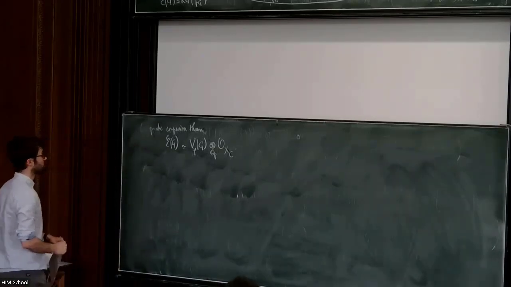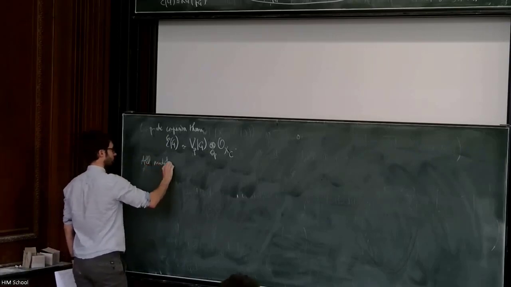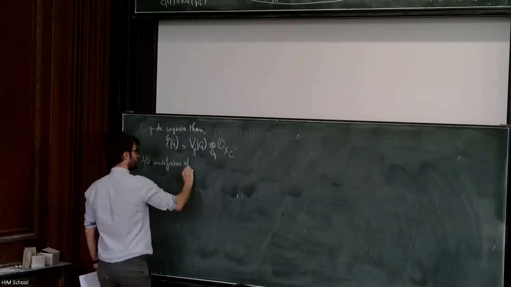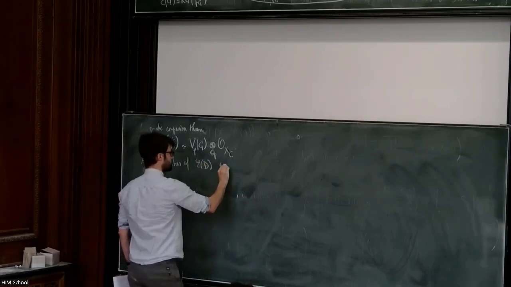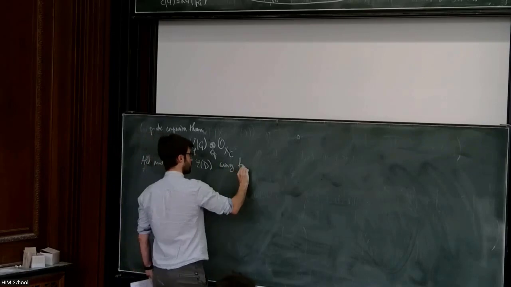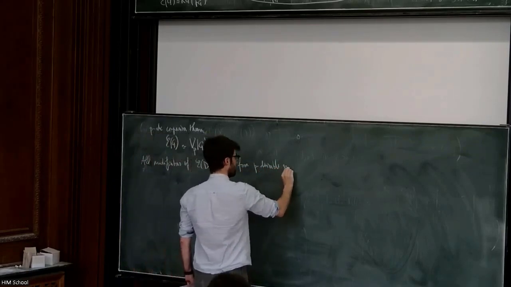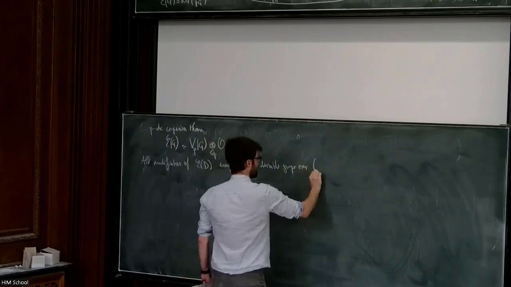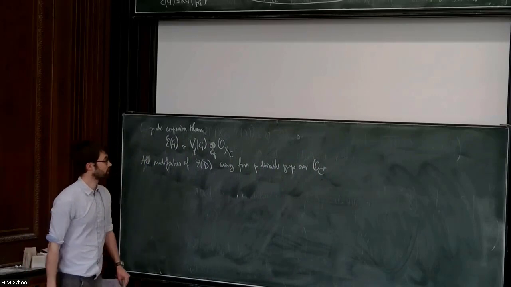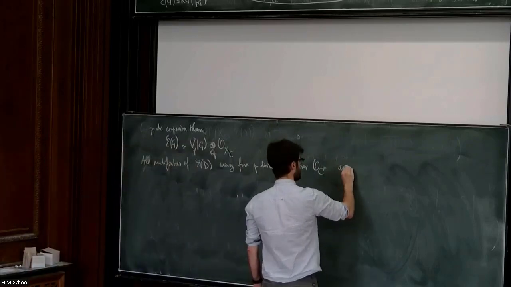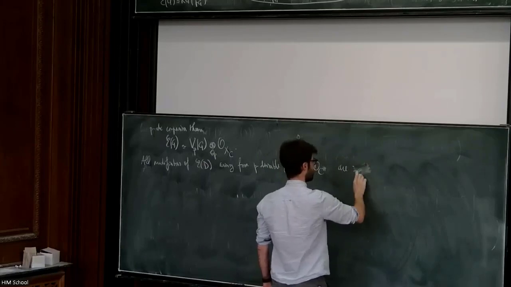So in particular, we see that all modifications of the vector bundle attached to the isocrystal D, which arise from p-divisible groups over the untilt which lift H, are, as vector bundles, semi-stable of slope 0. I mean, they are trivial.